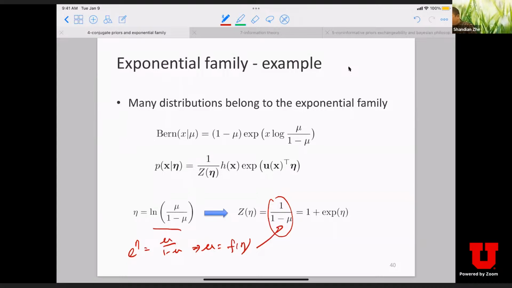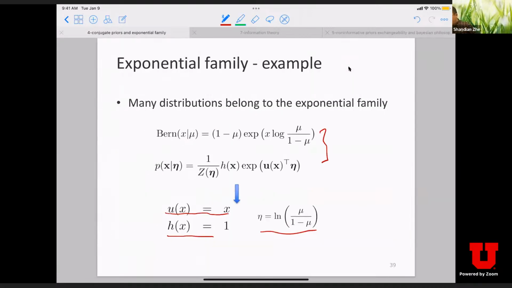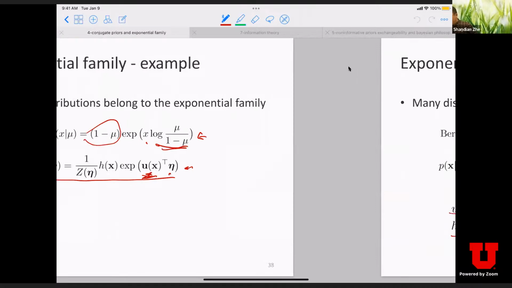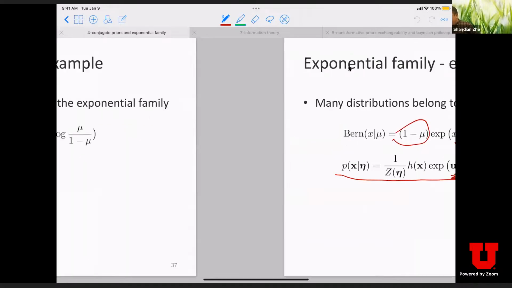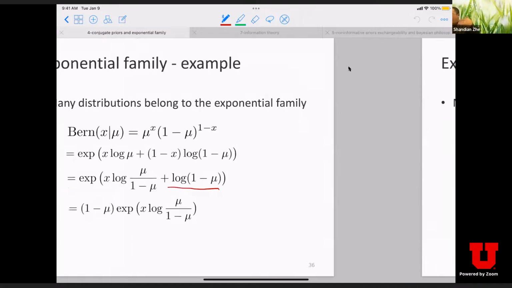Okay, so now I want you to take a look. We can observe that you rarely use this form to express a Bernoulli distribution, although it is equivalent. The most commonly used form for the Bernoulli distribution is actually what we wrote here.